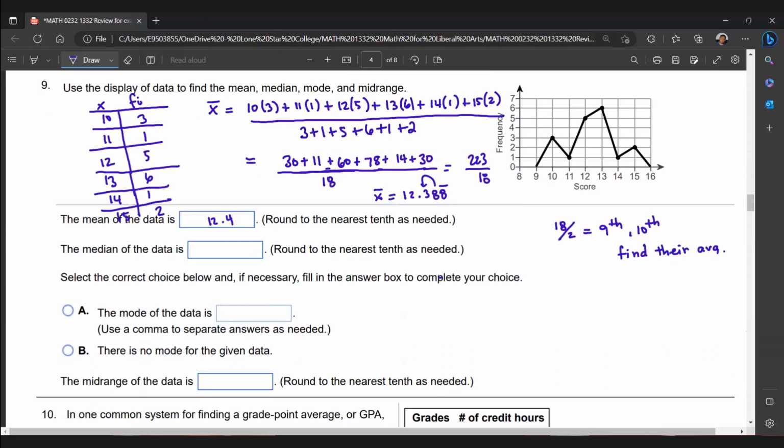Then there is a 1. Okay, 4. 4 plus 5 is 9. So therefore, the 9th data item is 12. And then the 10th will be in this interval, which is a 13. So since the 9th item will be a 12, and the 10th will be a 13, we take the average of those two. So 25 divided by 2, which will be 12.5.